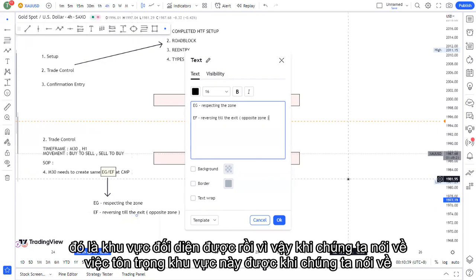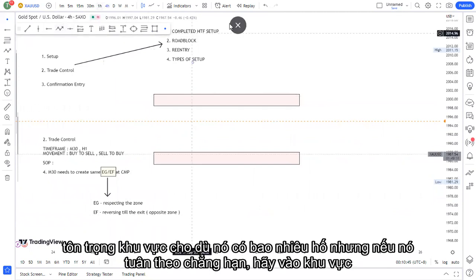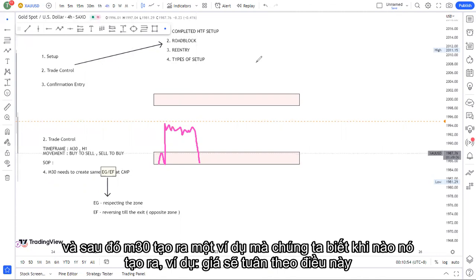Okay. So when we talk about respecting the zone, no matter how many pips it is, if it follows, for example, getting into the zone and then M30 creates an EG, we know that when it creates an EG the price is going to respect this buy zone.